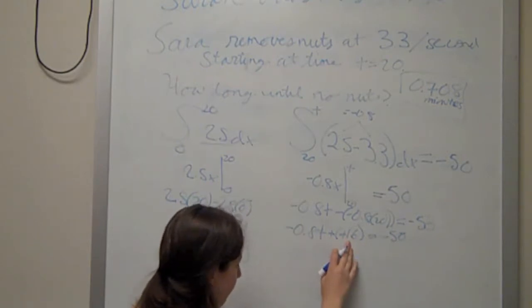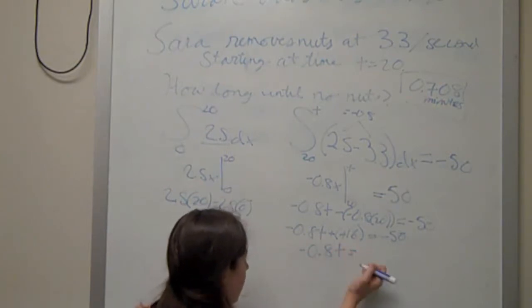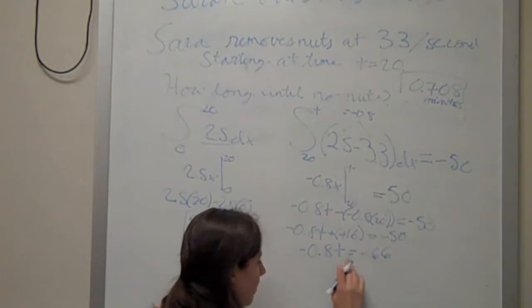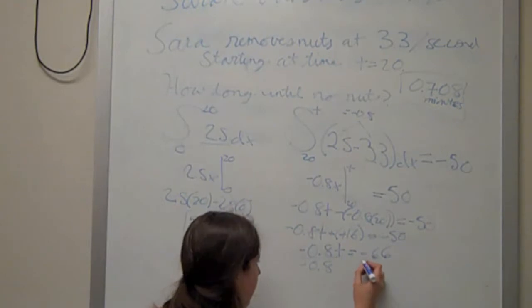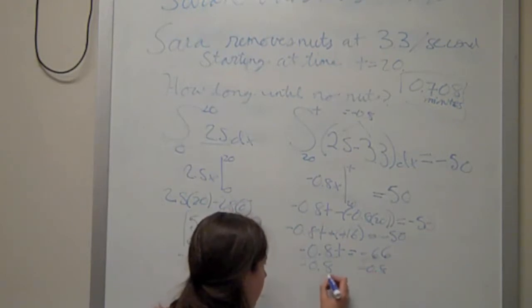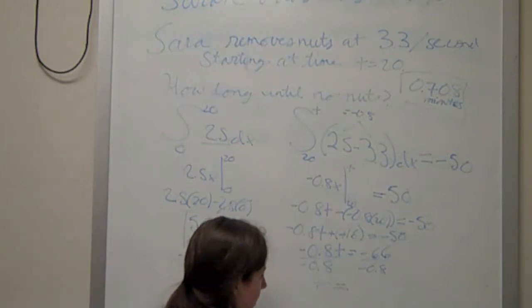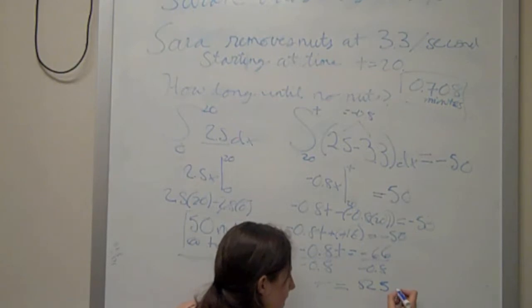Once we subtract this over, it's going to be negative 0.8t is equal to a negative 66 nuts. And we have to divide both sides by negative 0.8. And that's going to give us a t equal to 82.5 seconds.